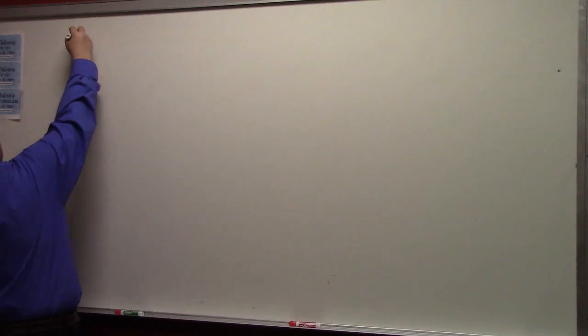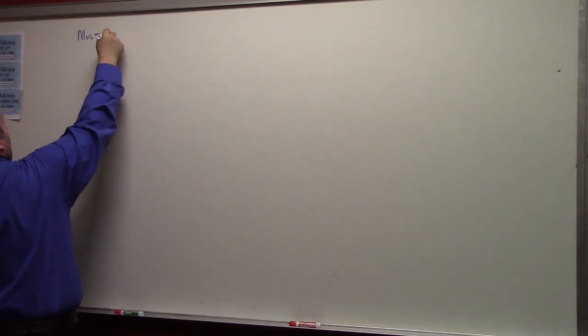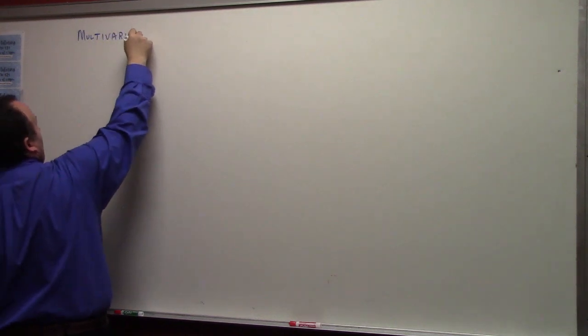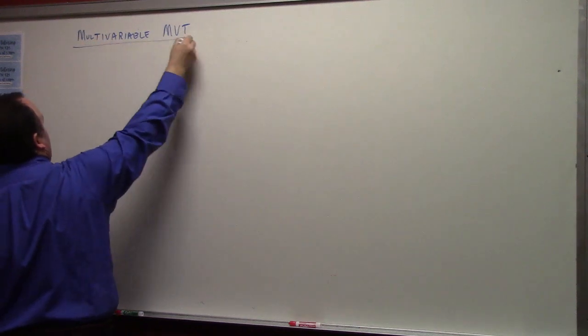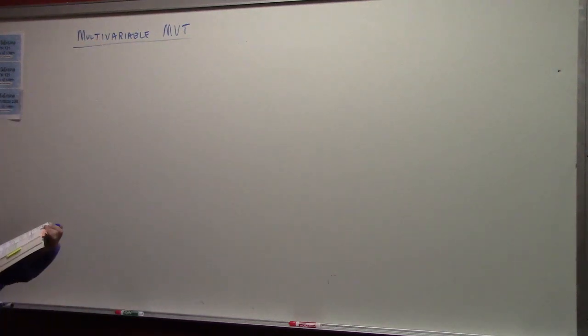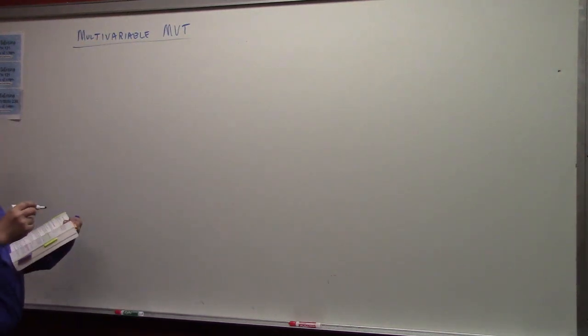So here what I'm about to tell you is about the multivariable mean value theorem. The first thing to know about this is it's not true in the naive sense.